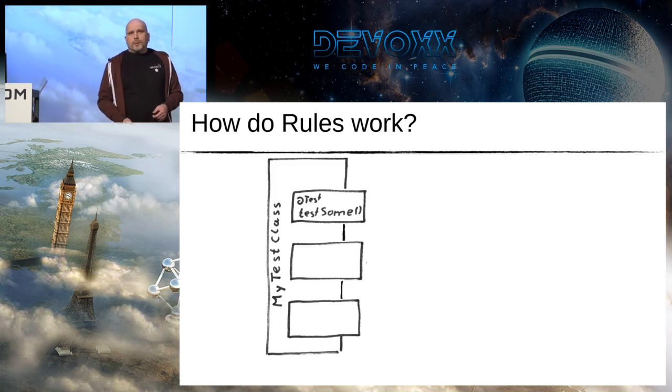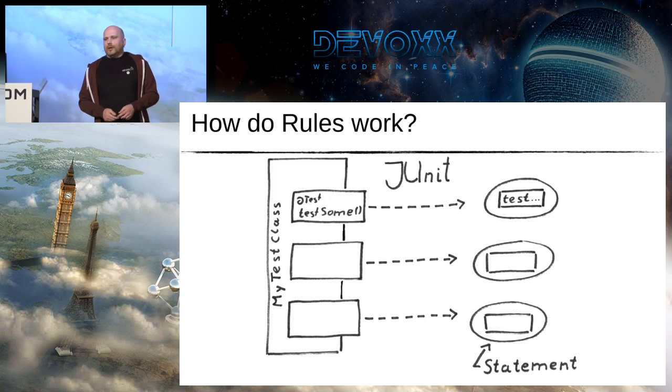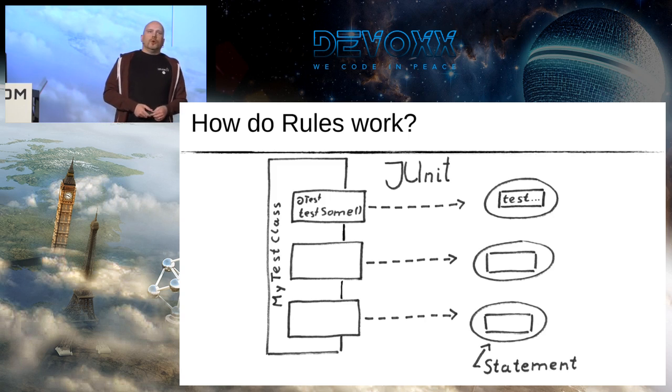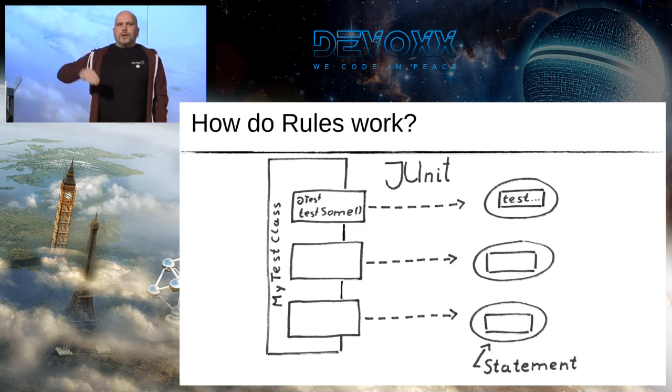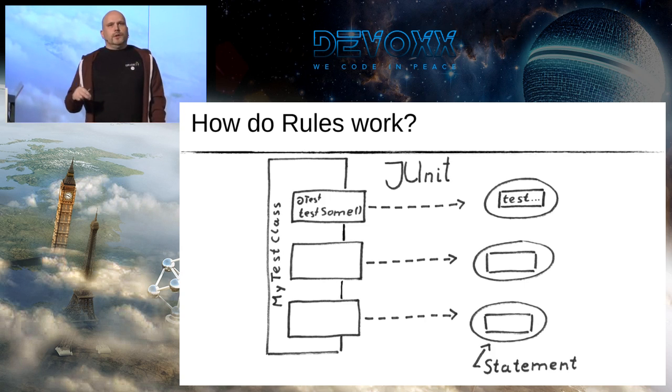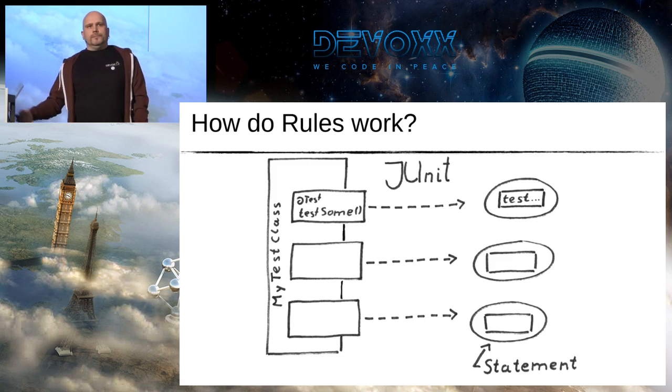And it wraps these methods in little classes called statements. Statement is a simple interface, just one method named evaluate, which then executes this class. So JUnit goes through the test class, collects all the tests, and only then executes them.